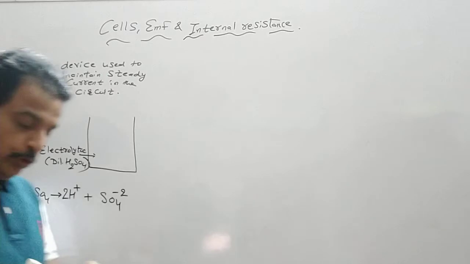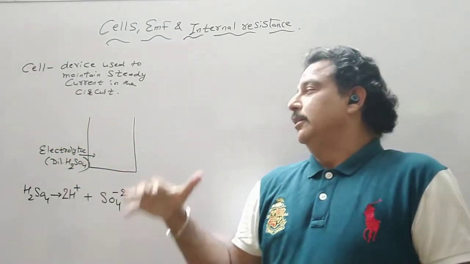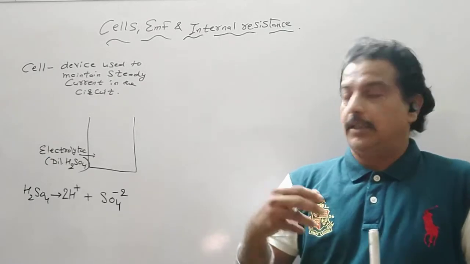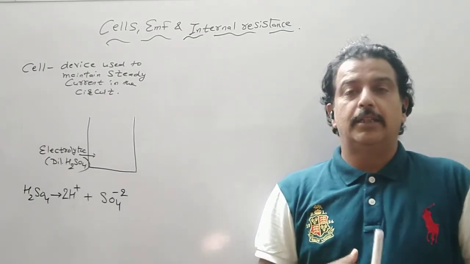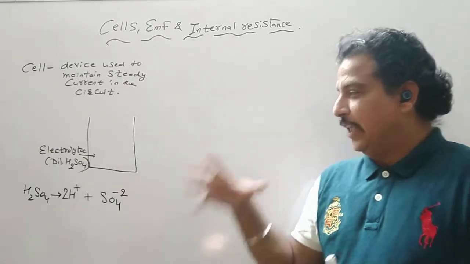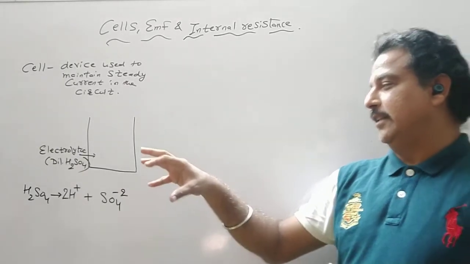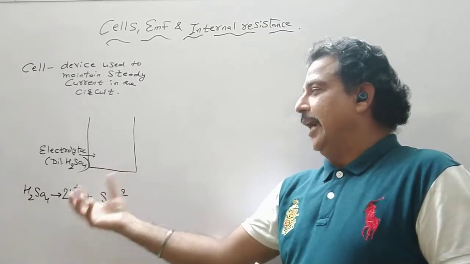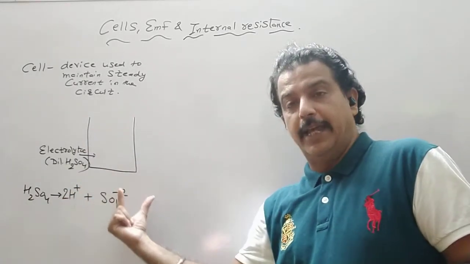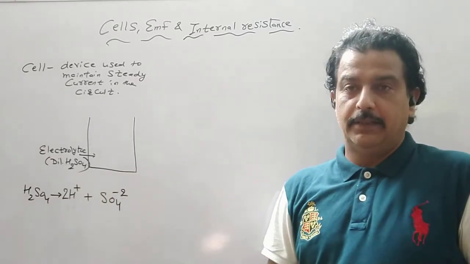So we will try to understand the construction of a cell keeping physics in mind. As far as the physics is concerned, I will say an electrolyte consists of the positive ion and the negative ion.